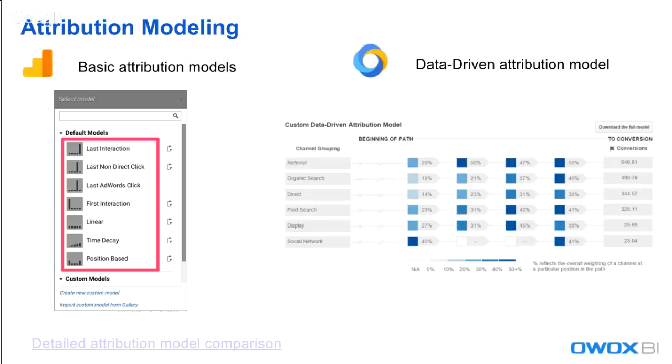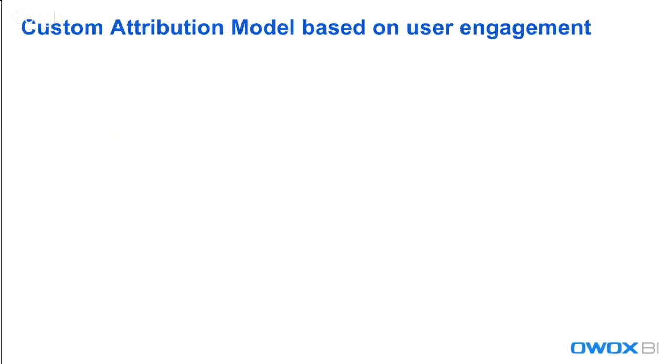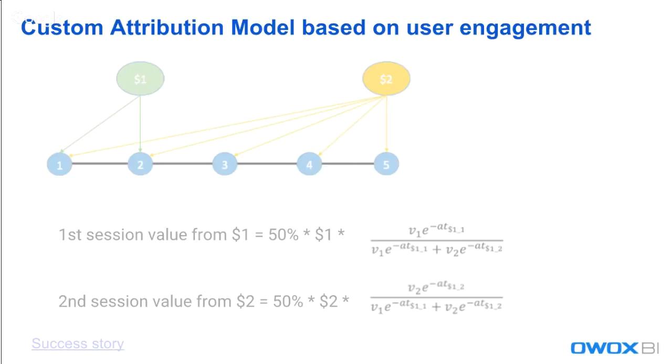Some of them usually stick to their own custom attribution model since they have integration with Google BigQuery. One of them was an attribution model based on user engagement. We helped one retailer, Hof, build their own attribution.